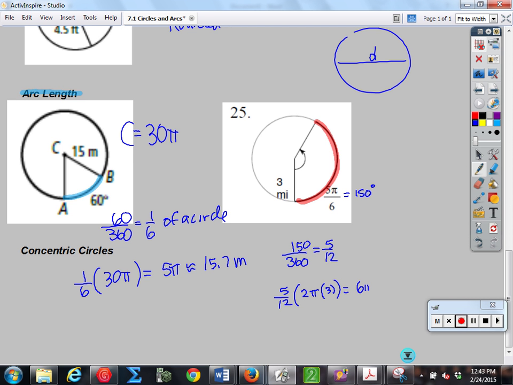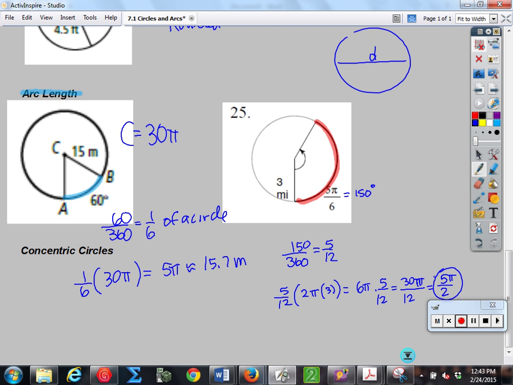So 30 pi over 12, whoops, pretend like that's a 5. What is 30 over 12 reduced to? 15 over 6, yeah, more. Divide by 6, 5 pi over 2. 5 pi over 2, but watch what happens with this.